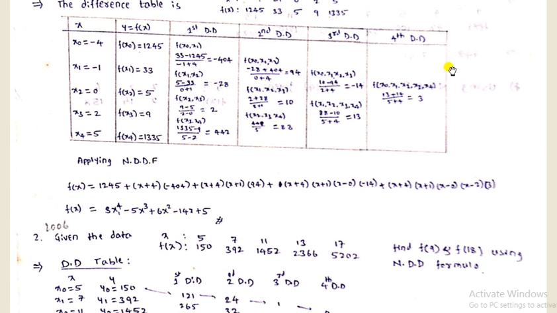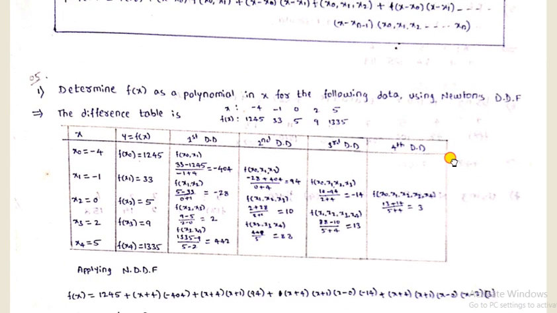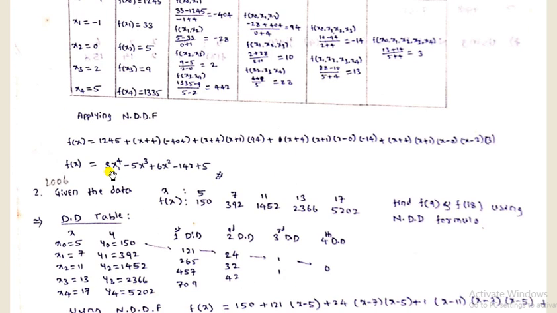Substituting these values in the formula and simplifying, we get the fourth degree equation 3x raised to 4 minus 5x cube plus 6x square minus 14x plus 5.